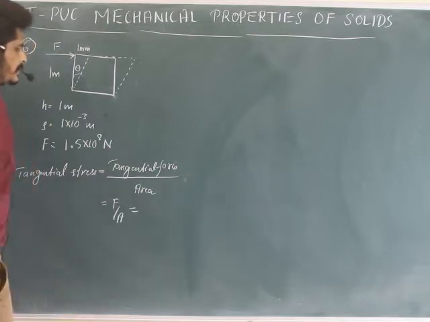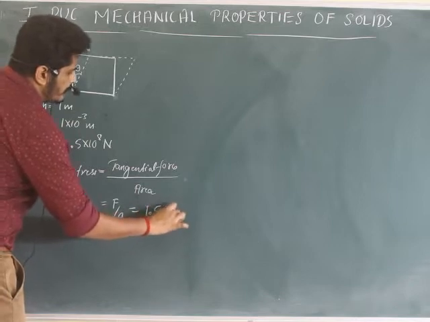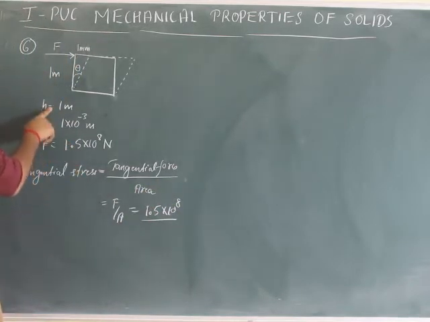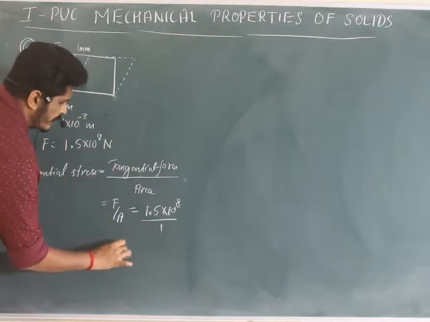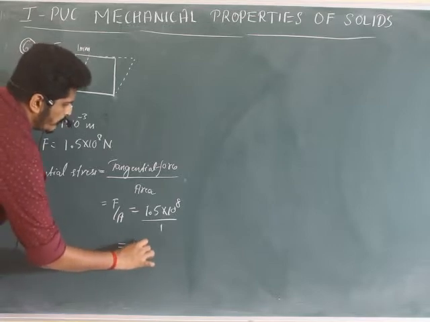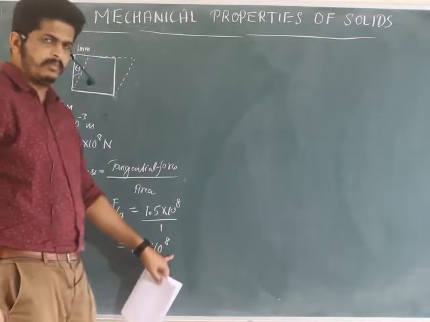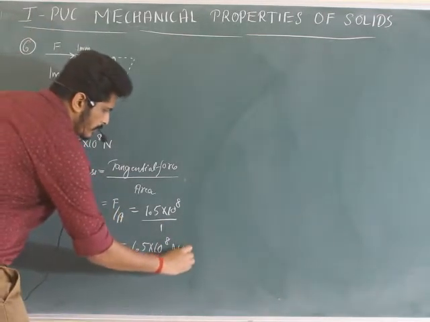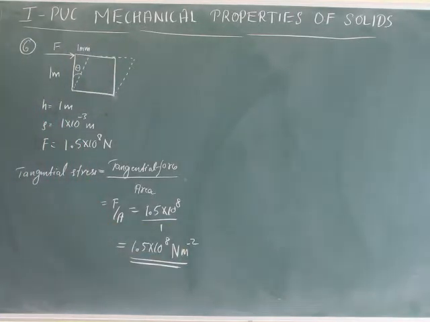How much is the tangential force? 1.5 into 10 power 8 divided by the area, height times height, 1 meter squared, that means 1 itself. So the final answer is nothing but 1.5 into 10 power 8. What is the SI unit? If you don't write the SI unit here, you will lose 1 mark. That's why it is Newton per meter square. See, tangential stress or shearing stress we found out.